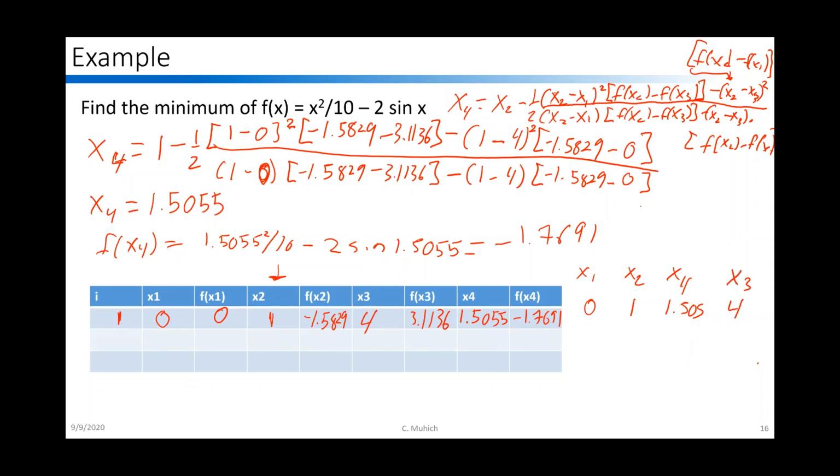Now I've lined these values up so I have a better understanding of where I'm going. So now I can write out the f of x values: 0, negative 1.58, negative 1.76, and then 3.1136.